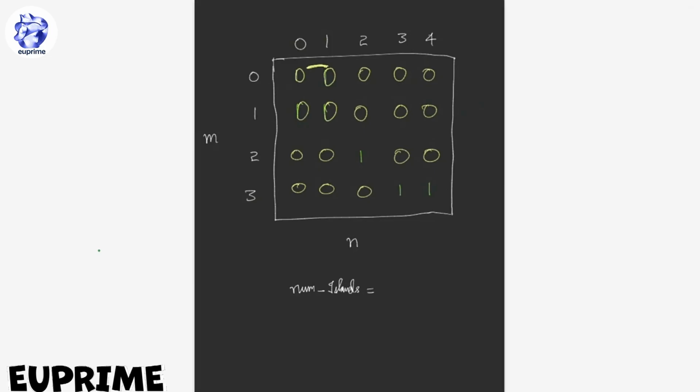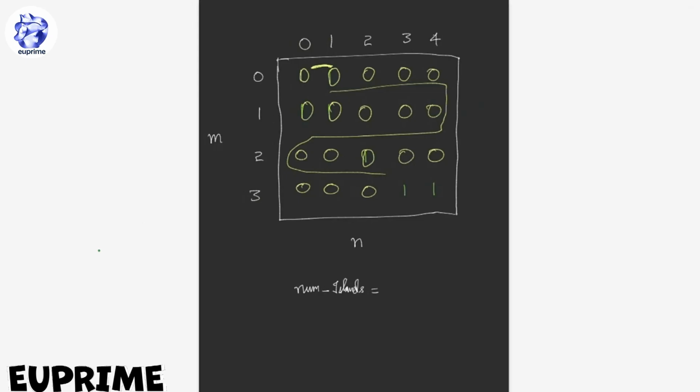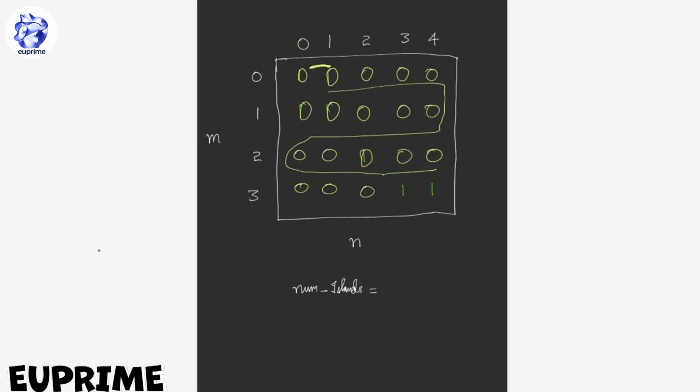Every time you encounter a one, turn it into zero, so that you only need to traverse once. And you do the same as you go through the grid: you encounter another island, you turn that into zero, and then you see a couple more islands, you turn them into zero.